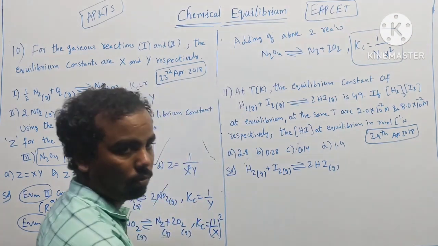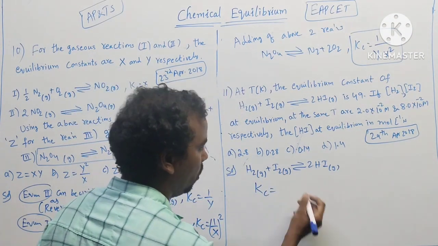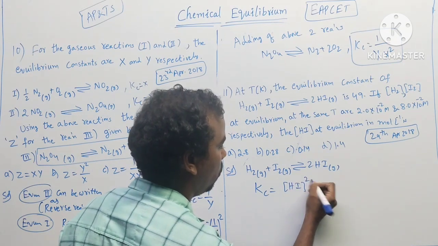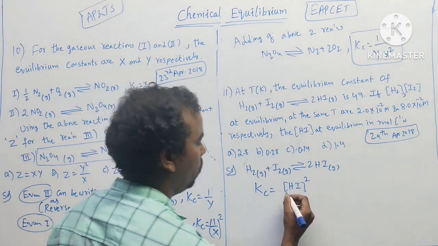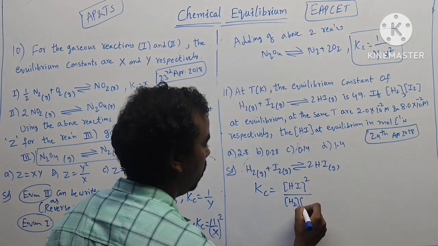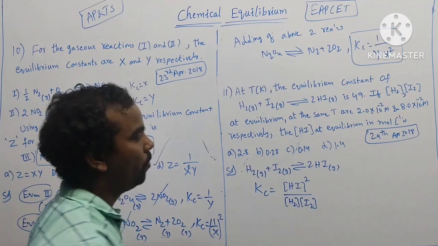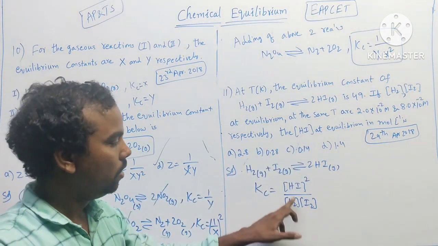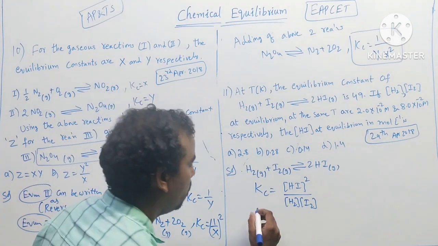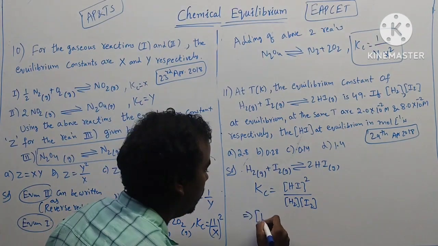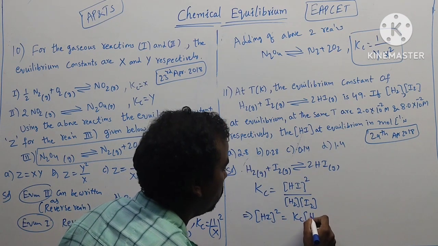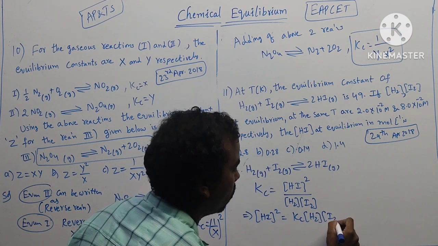For this reaction, Kc is equal to HI concentration whole square, 2 moles means power 2, by H2 concentration into I2 concentration. But we want the HI concentration. Its value is given, I2 concentration value is given, Kc value is given. So HI whole square equals Kc into H2 into I2.